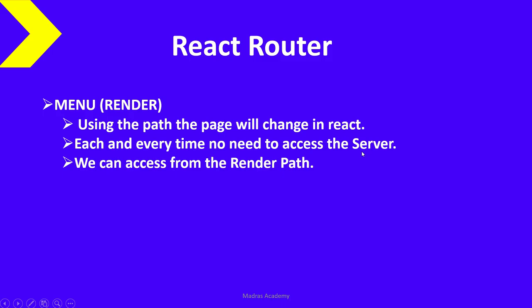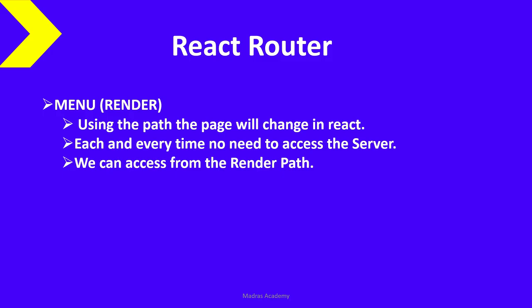Whatever path we define, using that path the object will change. We can access it from the render path directly, and it won't reload the page again and again. For that reason we use React router.